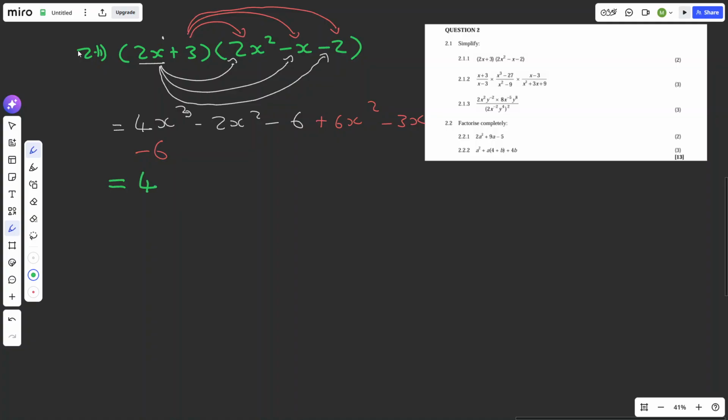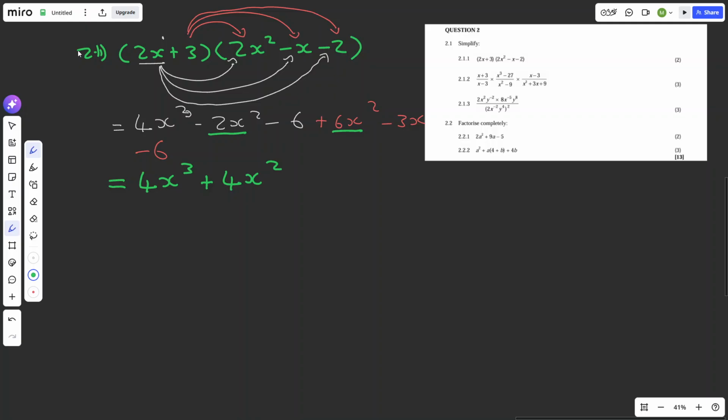So it's going to be 4x cubed. Next one, minus 2x squared. It has a term that's like it, which is 6x squared. So we can simply add them. Here we're going to be working with the coefficients. So minus 2 plus 6 is 4. So that's going to be plus 4x squared.